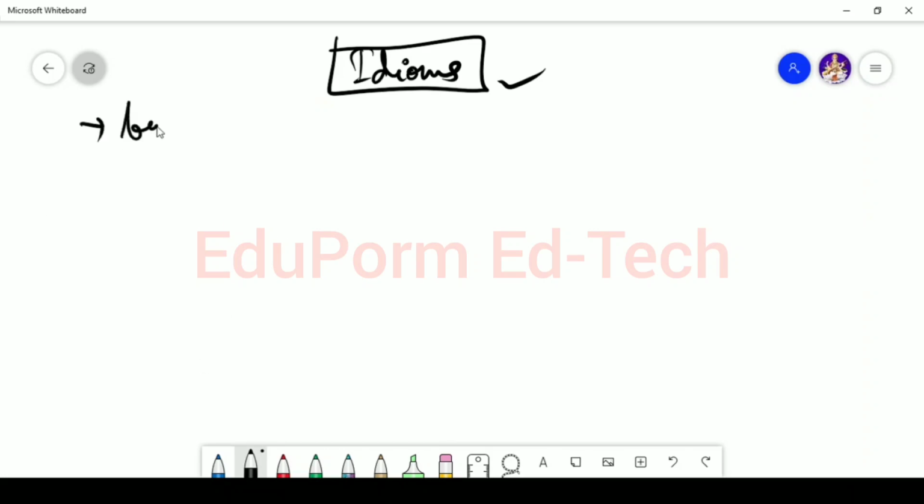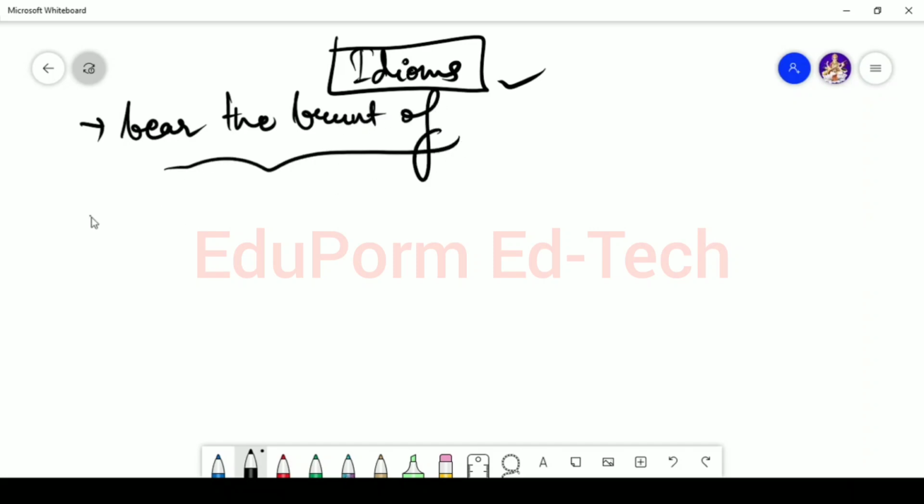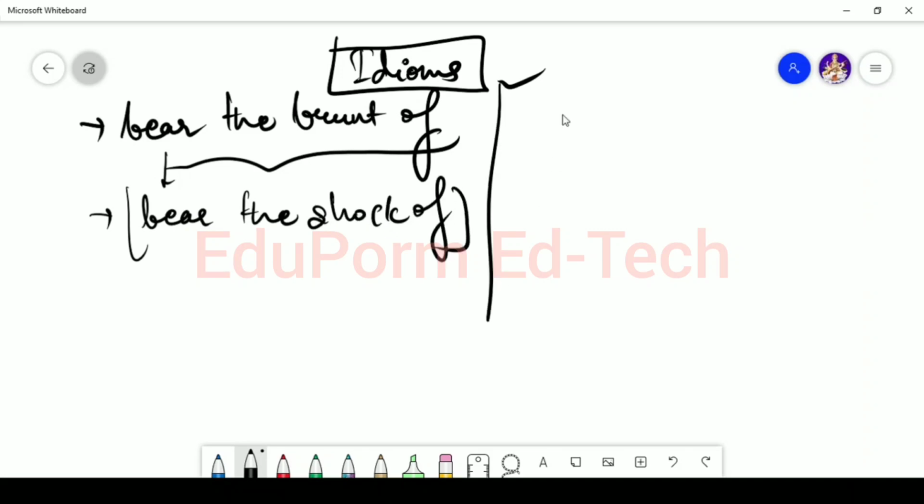Like if I say to you that bear the brunt of, then if you see this, bear the brunt of, it is very much easy to deduce the meaning. Like bear the brunt of means bear the shock of. Okay, but if I am saying a bee in one's bonnet, that means something else.